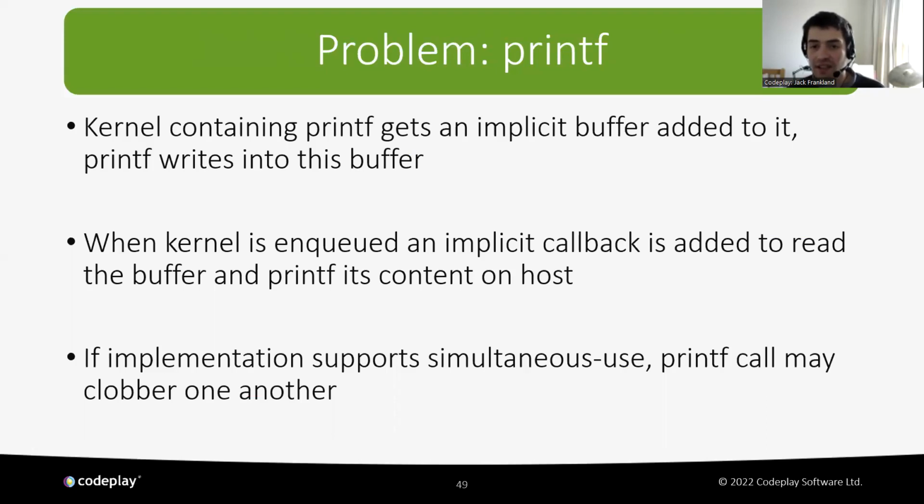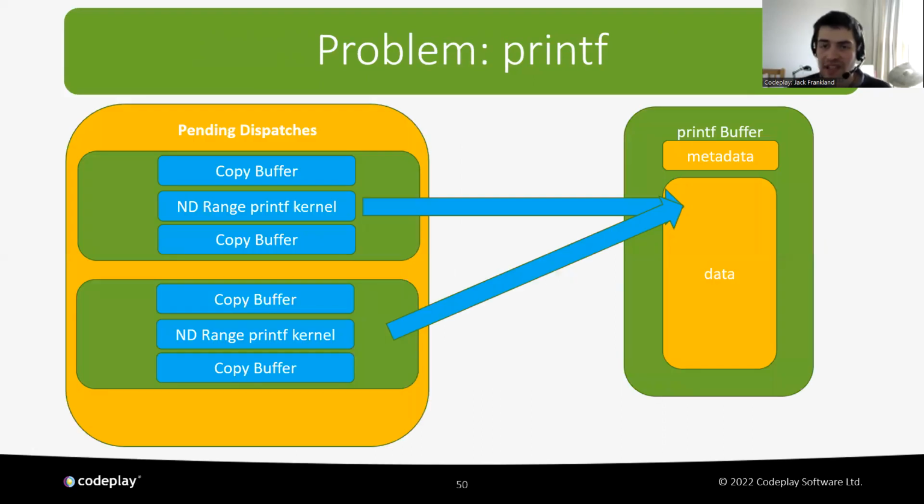And then when that kernel is added to a MUX command buffer, there's an associated implicit callback that executes after the kernel, and that callback reads from that printf buffer and then uses the host printf to print the result. So with simultaneous use, we were getting situations like the one you can see on the slide, where there are two instances of a command buffer.